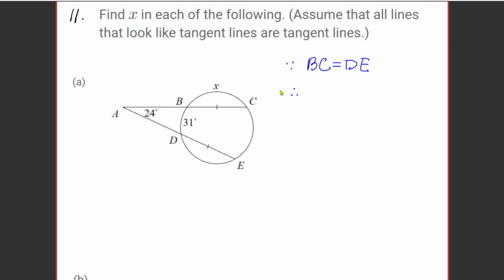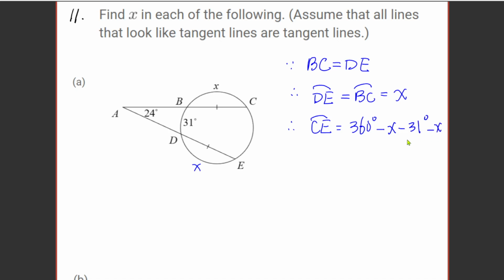Because of this, we have arc DE also equals arc BC, which is X. So here this arc is X as well. Therefore, we know arc CE can be given by 360 degrees minus X minus 31 degrees minus another X, which can be simplified to 329 degrees minus 2X.